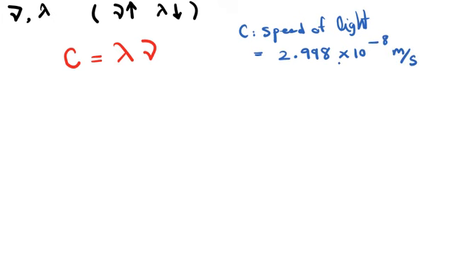Some textbooks call that 3.00, so we may consider it like this. Sorry, let me erase that. I don't know why I wrote negative. Let me write it here: 2.998 times 10 to the positive 8 meter per second.